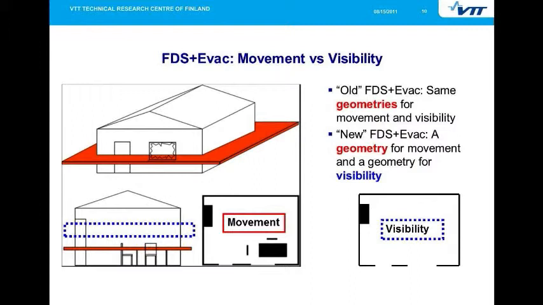This I already told something about, the movement versus visibility. This is quite a new added thing, so this is not in FDS 5.5.3 yet. For the basic geometry for evacuation, you just specify some lower bound and upper bound for the Z dimension, and you cut your geometry and you get obstacles for movement.